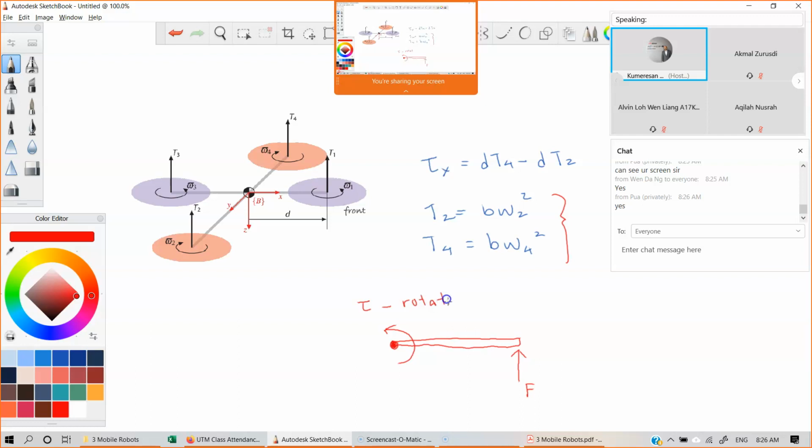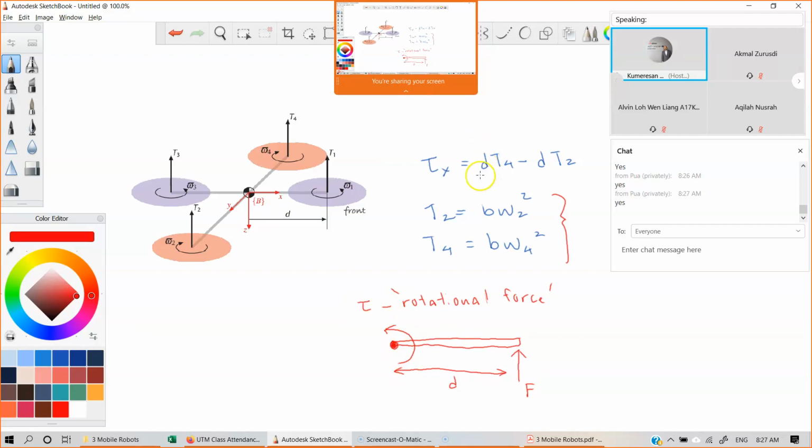So in order to rotate an object, you have to apply torque. And the equation is force multiplied by the distance of the lever, we call it, right? So force multiplied by the distance to the fixed point, that is equivalent to torque.